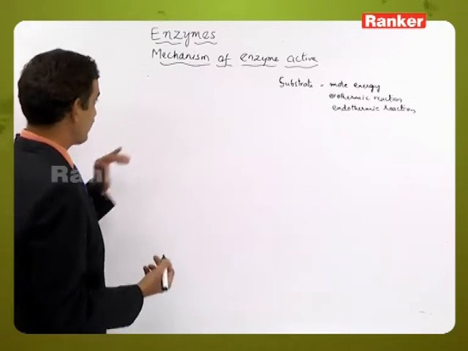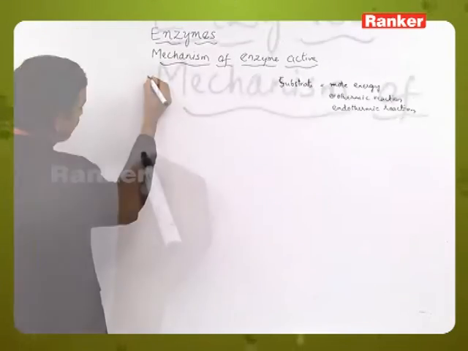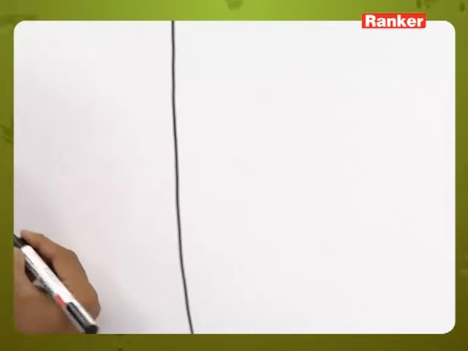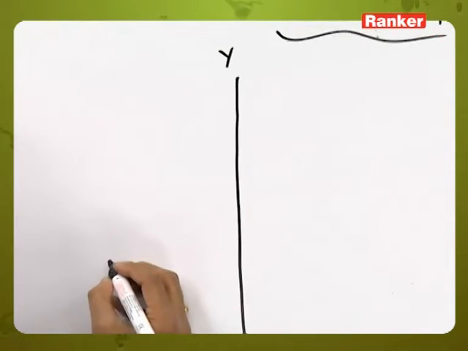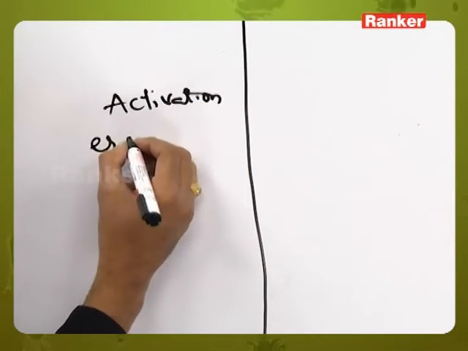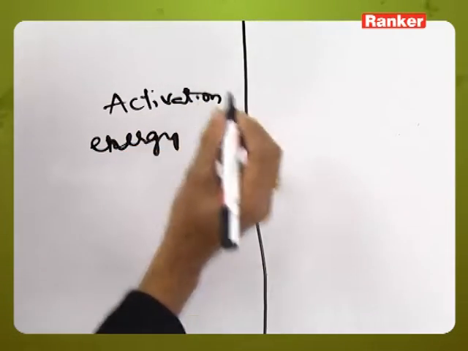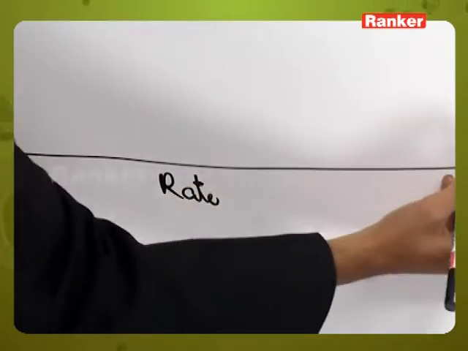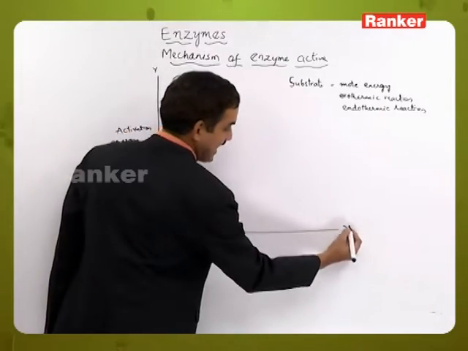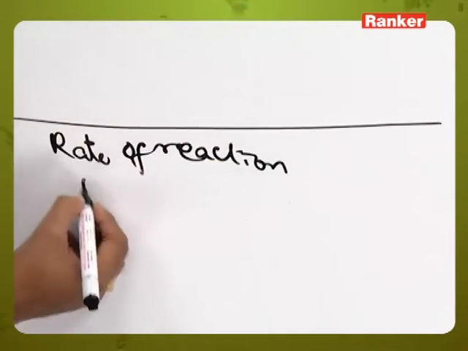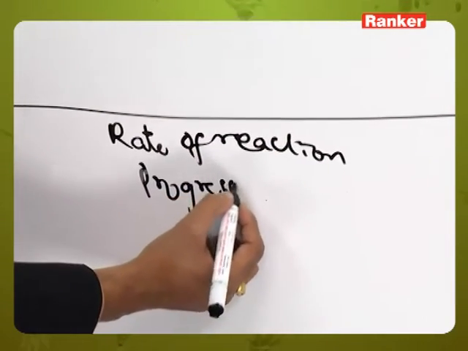Based on these energy relationships, a graph is shown in which the y-axis shows the activation energy, and the x-axis shows the rate of reaction or the progression of the reaction.